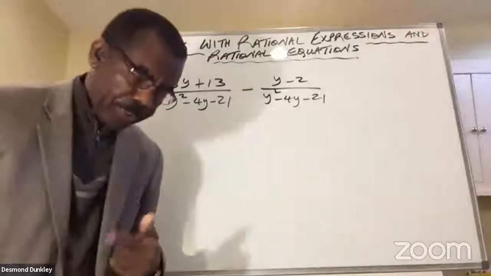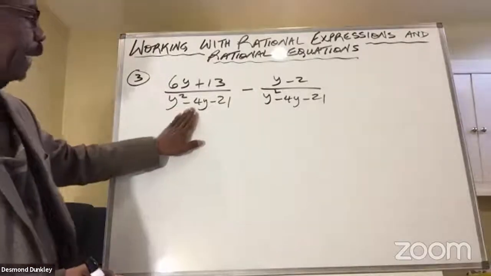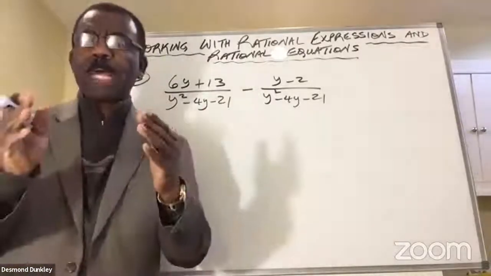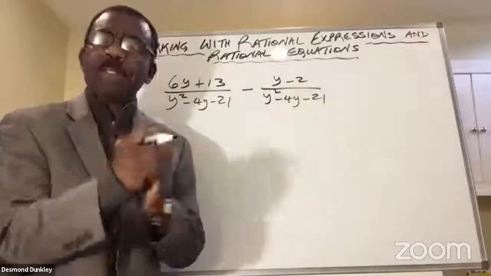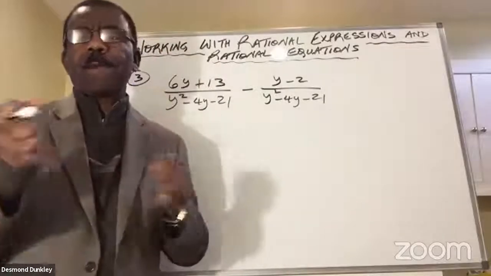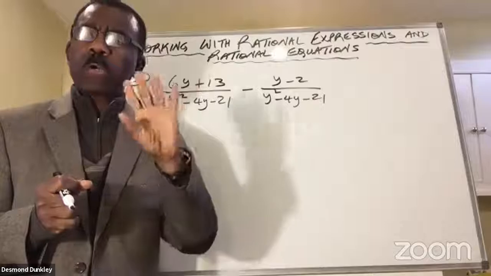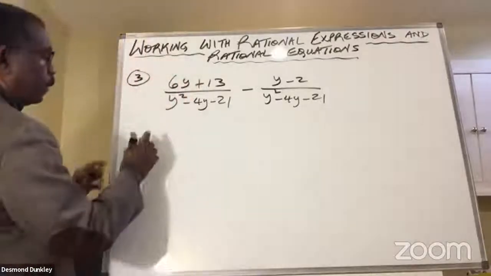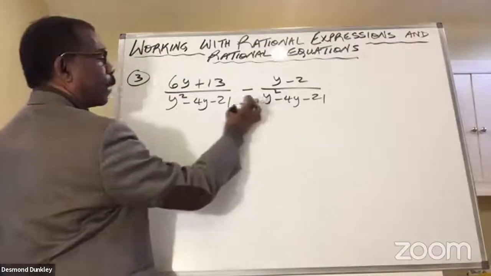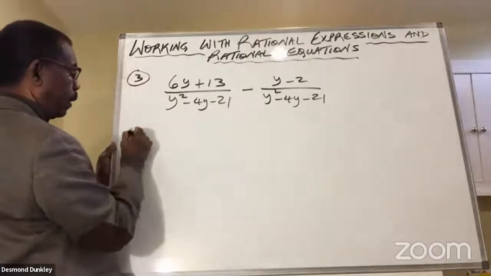So my recommendation is factorize, because when you factorize, you will have a chance to cancel. If you don't factorize, it's going to be very hard to reduce or to simplify. So same denominator, so we can put them together.